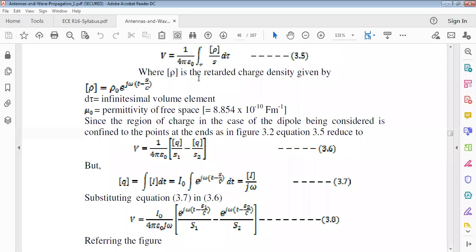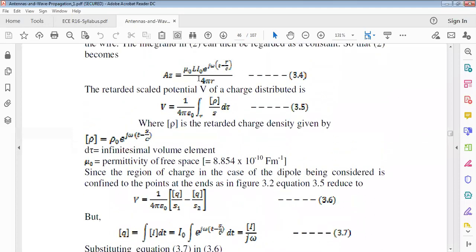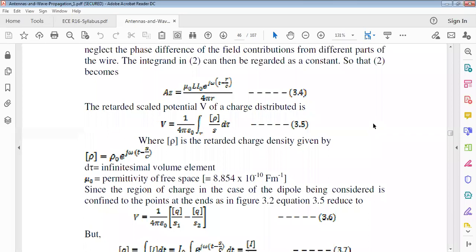Don't worry about it, I will follow it step by step, and this is for our convenience. I just want to explain once again: these are the expressions 3.4 and 3.5, which give us the retarded magnetic potential A and electric potential V.